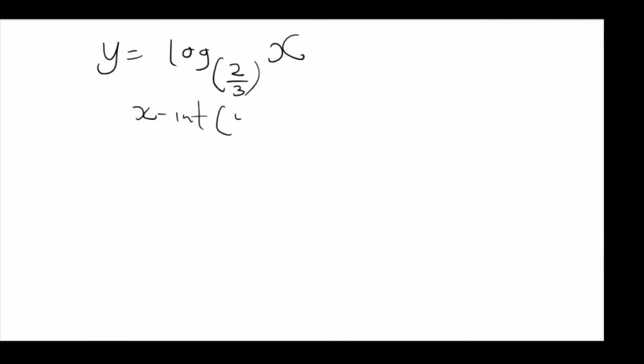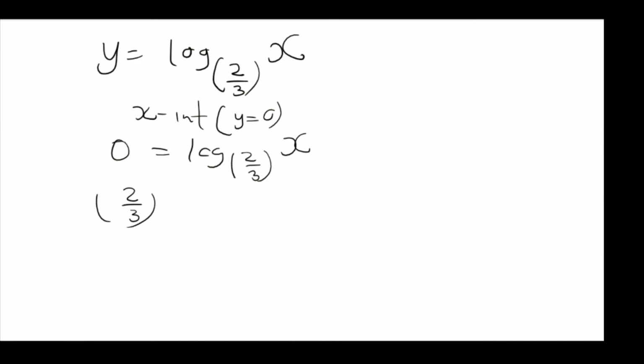The x intercept is when y equals 0, so 2/3 to the power of 0 equals x. Therefore x equals 1. So when y is 0, x is 1.